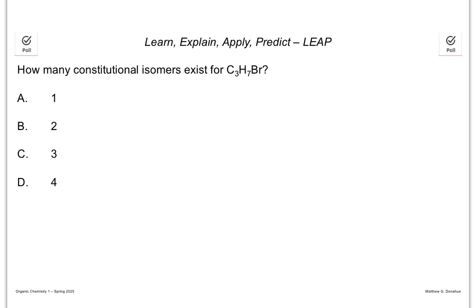So for C3H7Br, how many constitutional isomers exist? This is our normal exercise. We know that for 3 carbons, it's a propane derivative. Then we see where we can stick the bromine. We can put it at carbon 1, or we can put it at carbon 2.